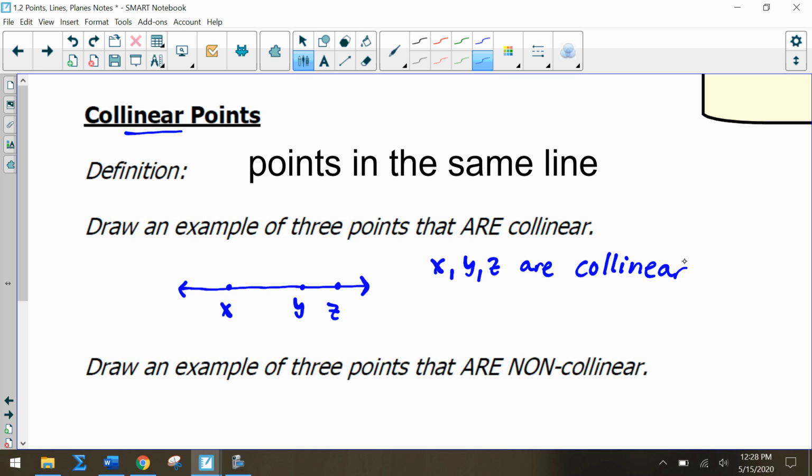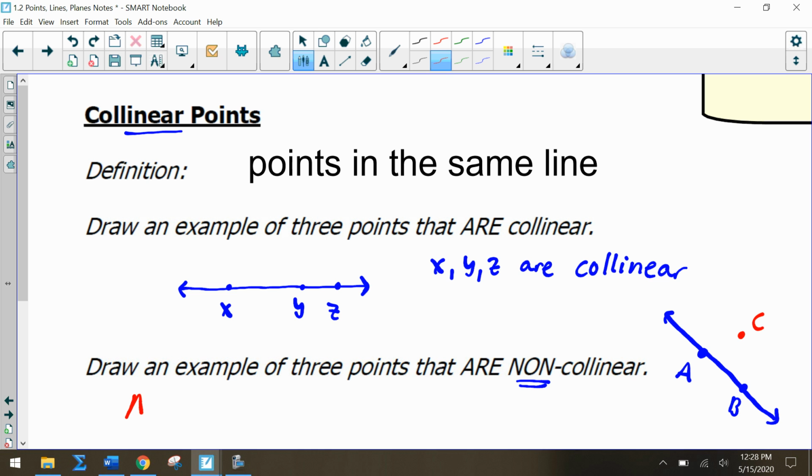Okay. And now to draw an example of 3 points that are non-collinear, what if I drew 2 points that are on the same line? Okay, make sure those points are big enough to look at. And I have points A and B. Now, I don't want a point on that line, so I'm just going to place C over here.